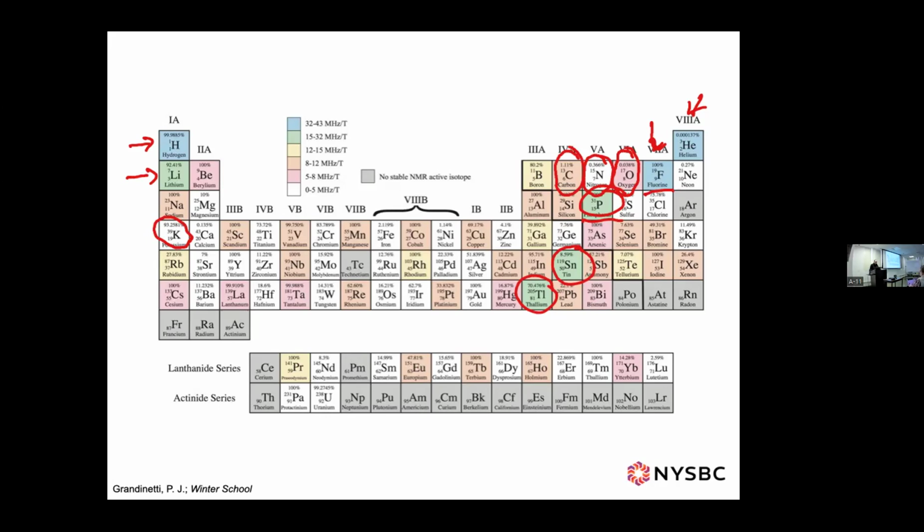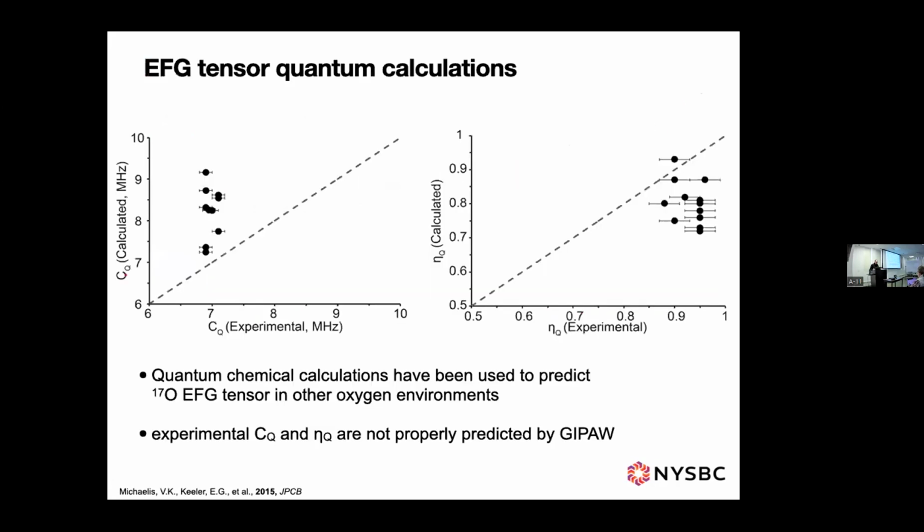Sounds good. Yeah. So we did DFT, we did GIPAW calculations of this, and as you can see, the calculated versus... Sorry, what's GIPAW? Sorry for interrupting. Gauge independent, I don't know what the P is, projector augmented waves. The program is CASTEP.